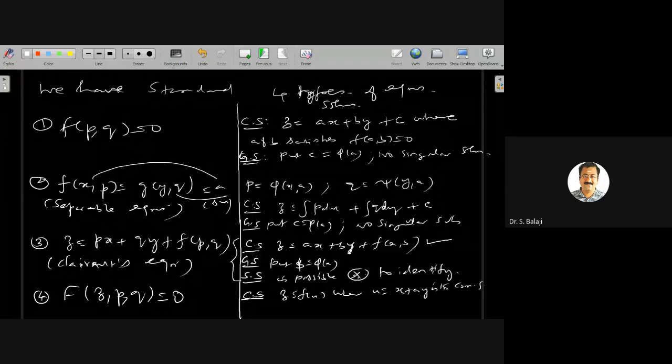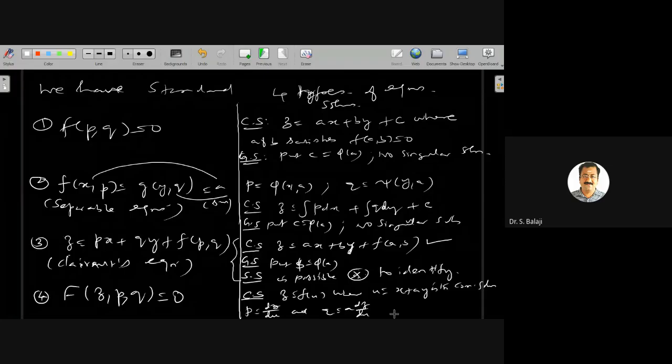After this, if you write like this, then you can write dou z by dou x, that is p, as dz by du, and q as a dz by du.